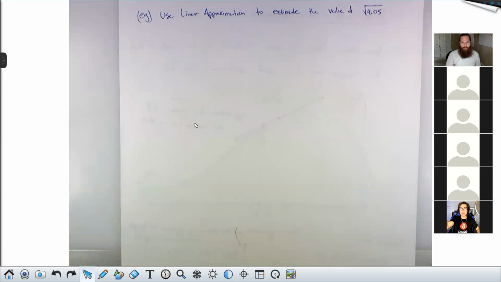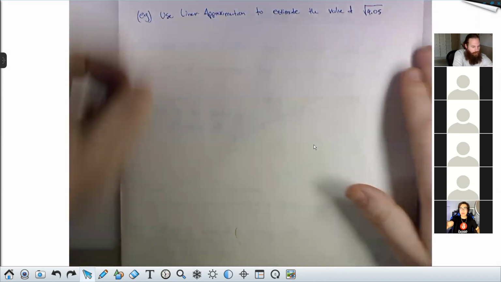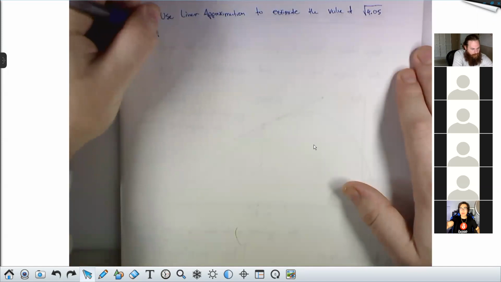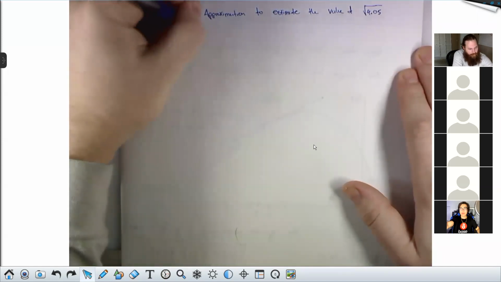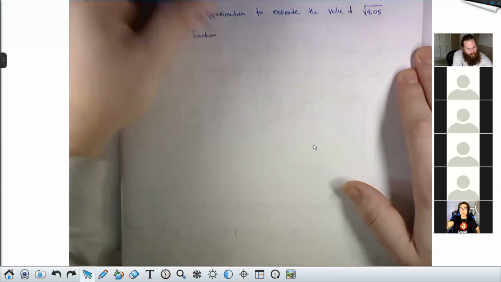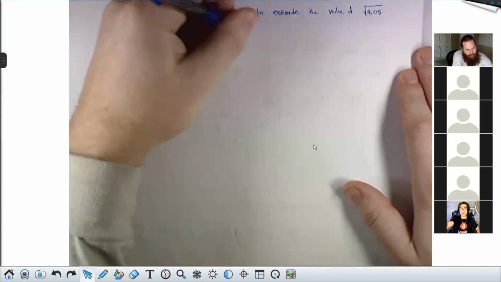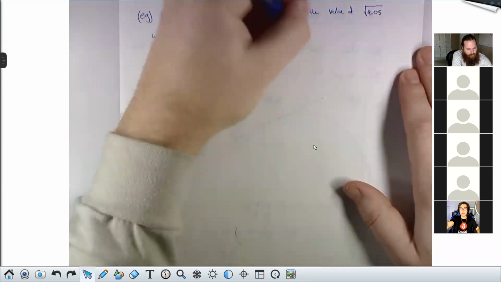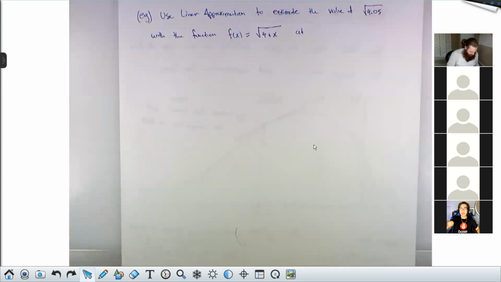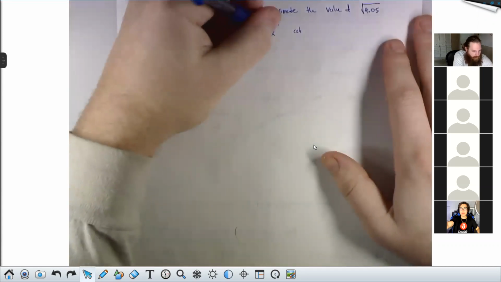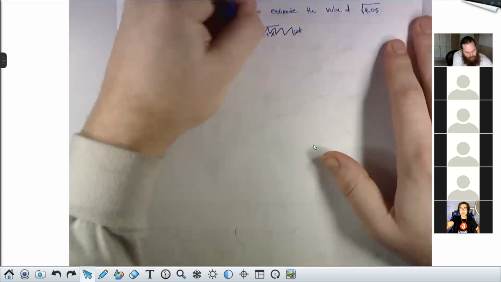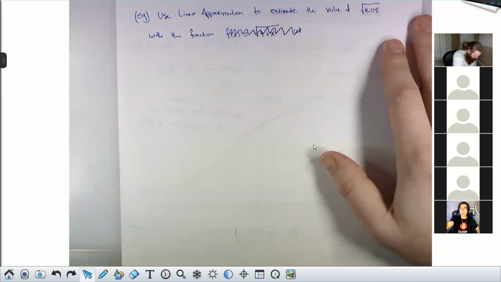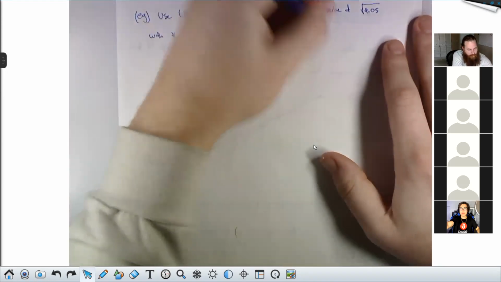So, use this with the function f of x equals the square root of 4 plus x at, what is it? Oh no, sorry, square root of 3 plus x, at a equals 1. Okay, all right, we can do it like this.